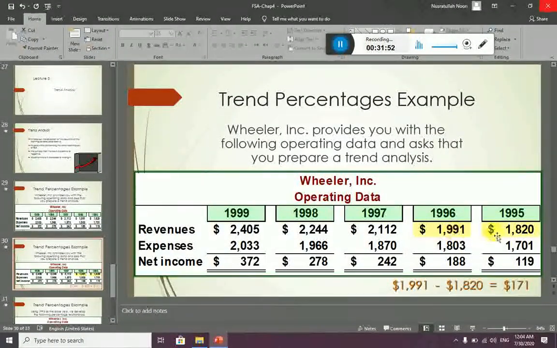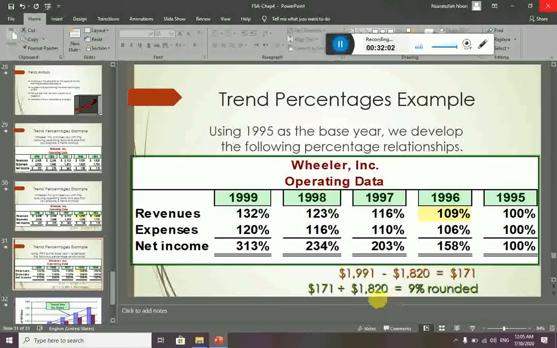Current year minus base year. 95 is the base year, so current year minus base year is the dollar change. 171 is the dollar change, right? And then the percentage change is divided by the base year. When you divide by the base year, it's 9%, and plus 100 index percent, it becomes 109%.